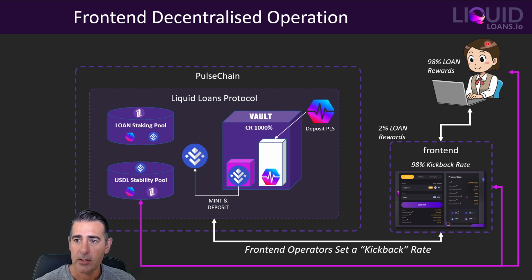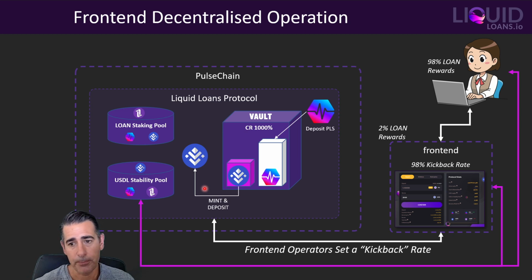Let's have a look. So this person interacts with this particular front end and deposits some USDL into the USDL stability pool. Now, how would they do that? Well, they might have actually bought some USDL from PulseX, or they've somehow acquired some USDL.